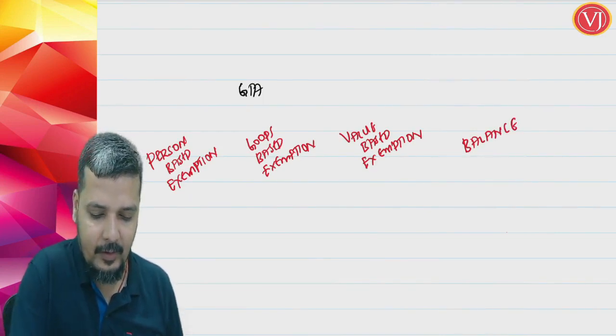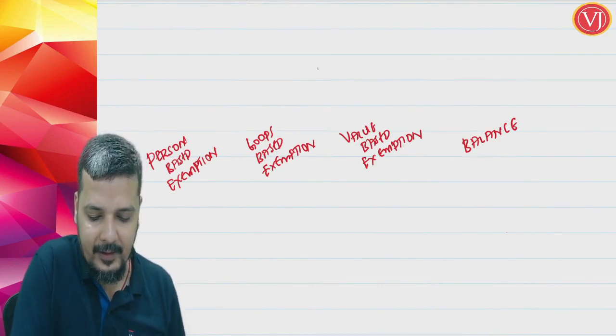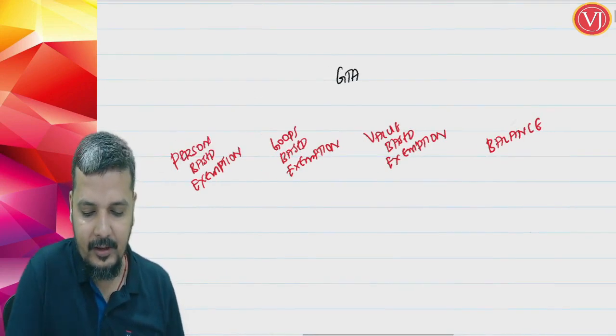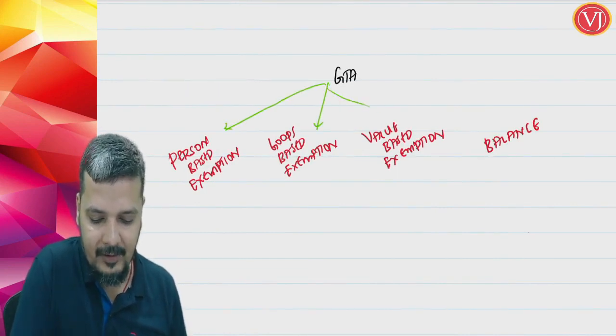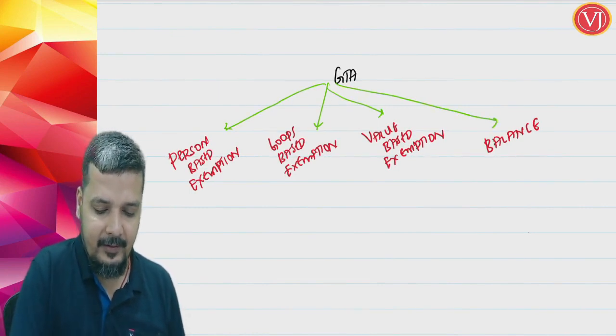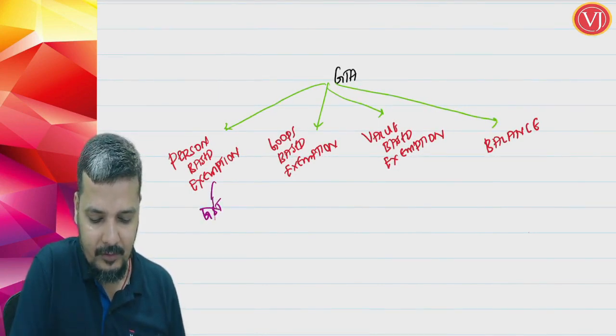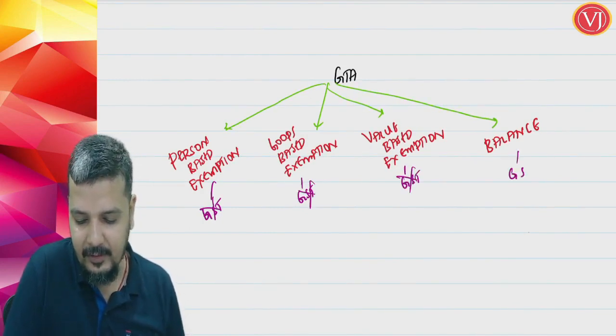So first you were talking about your exemptions. So you had all these categories for your GTA. You may be covered by person-based exemption or goods-based exemption or value-based exemption, balance. So in these three cases, there was no GST. And if at all you're talking about balance, there was GST.